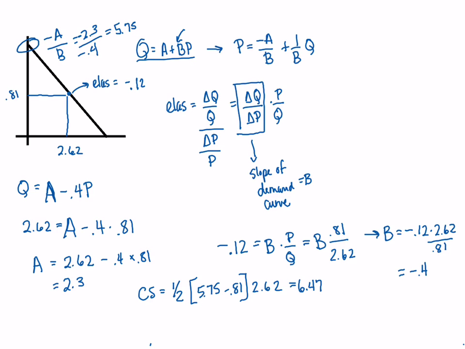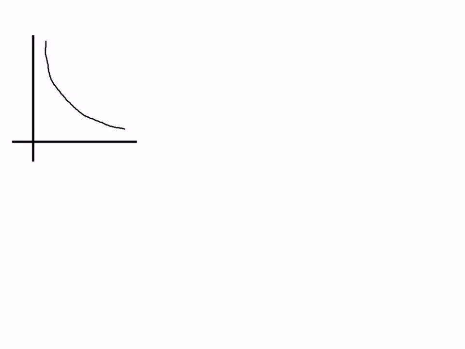So now we're going to move on to our last case, where the demand is not linear, but instead has a constant elasticity. That is, of course, going to look very different, so let me clear this board. When we have a constant elasticity of demand, instead of a linear curve, we have a curved demand curve, and the function looks very different.